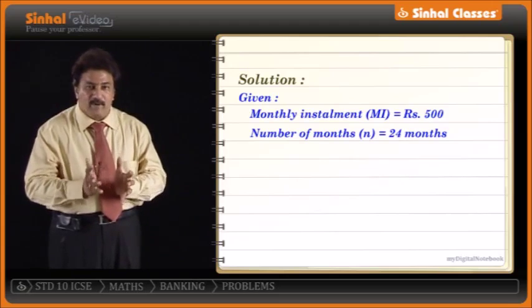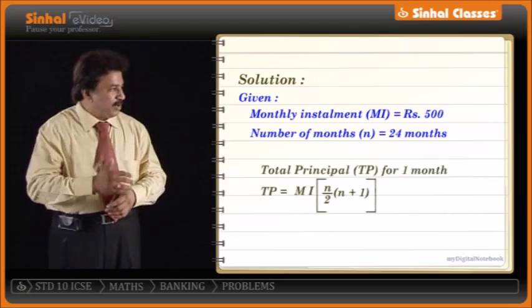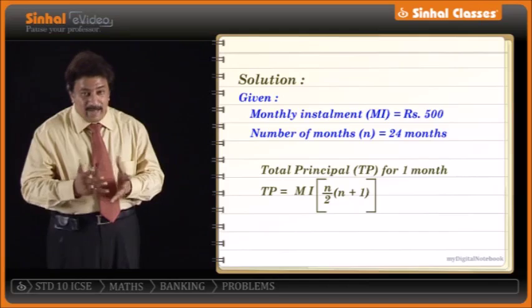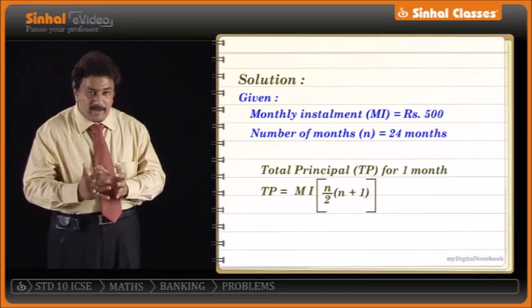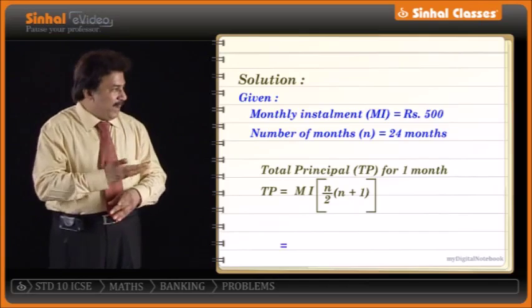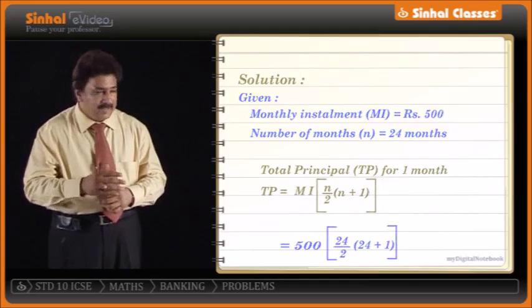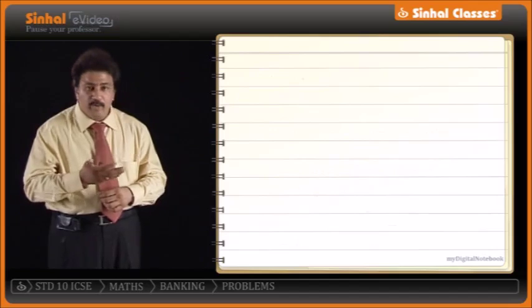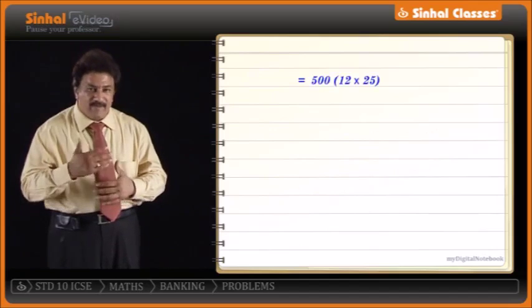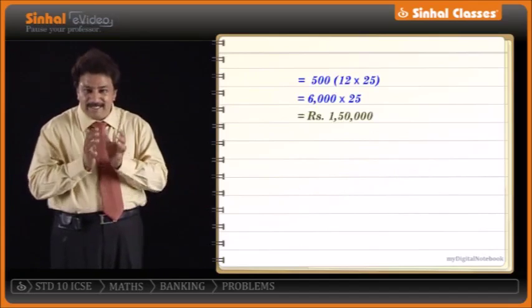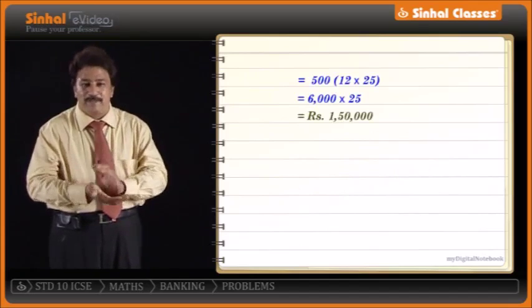So by using the formula of monthly installment into n upon 2 inside n plus 1 and closing the bracket and putting down the value, see what we get. 500 into 24 upon 2 in the bracket 24 plus 1. That is 500 into 12 into 25. After further simplification, I get 1,50,000. Now this 1,50,000 is nothing but the total principal.